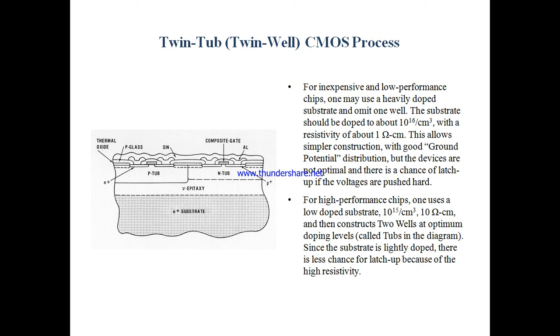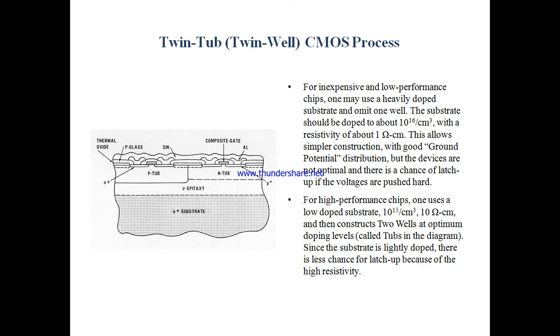The substrate should be doped to about 10 to the power of 16 per centimeter cube with a resistivity of 1 ohm centimeter. This allows simple construction with good ground potential distribution, but the devices are not optimal and there is a chance of latch-up if the voltages are pushed hard.